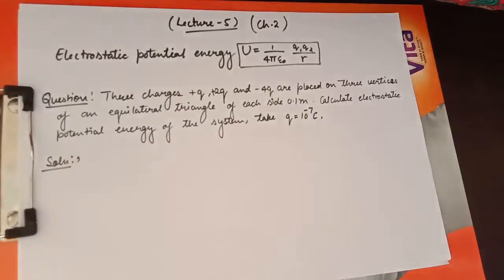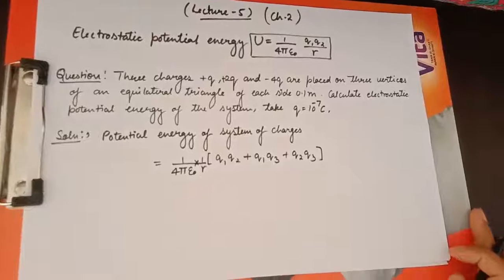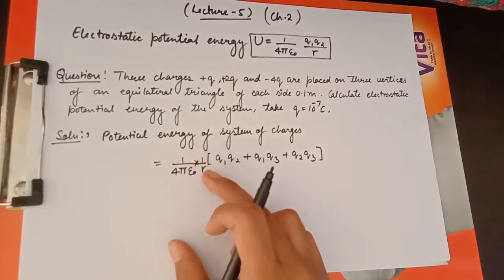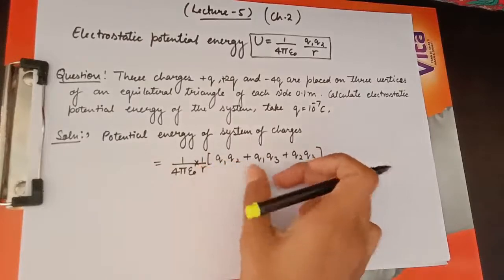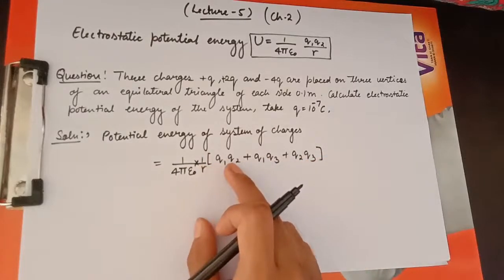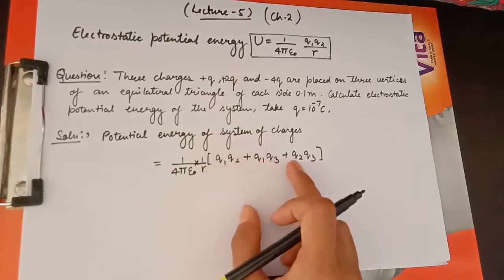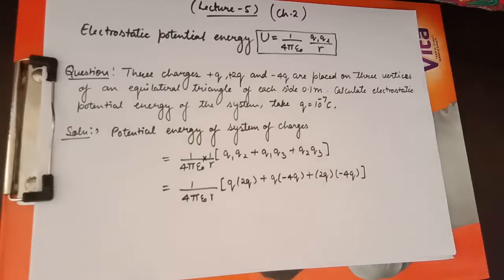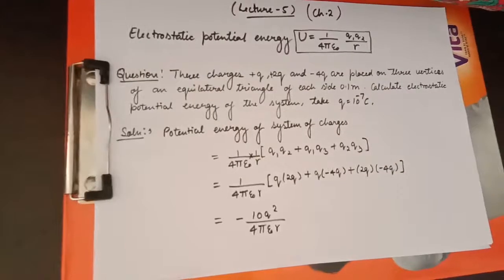Potential energy of the system of charges is equal to 1 upon 4 pi epsilon naught into 1 upon R, and the combination of all charges, that is Q1 into Q2 plus Q1 into Q3 plus Q2 into Q3. Here I put the values of Q1 as plus Q, Q2 is equal to plus 2Q and Q3 is equal to minus 4Q, and after some calculation I get it as minus 10Q square divided by 4 pi epsilon naught R.